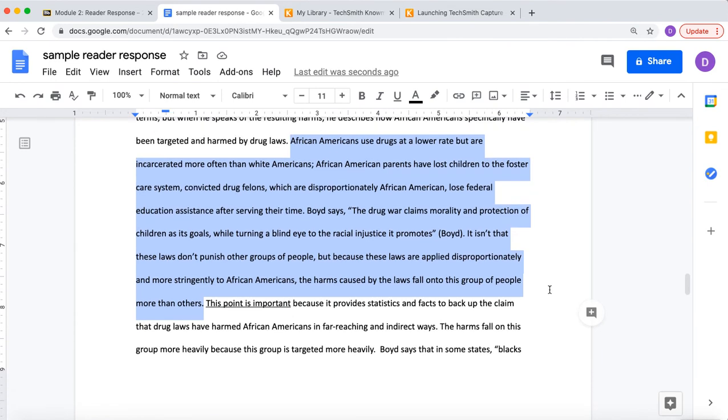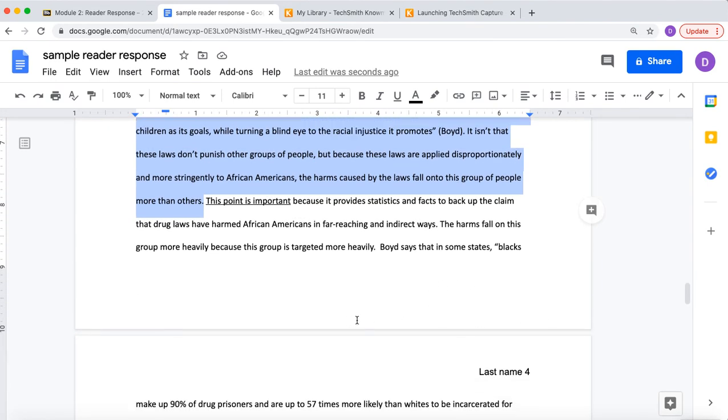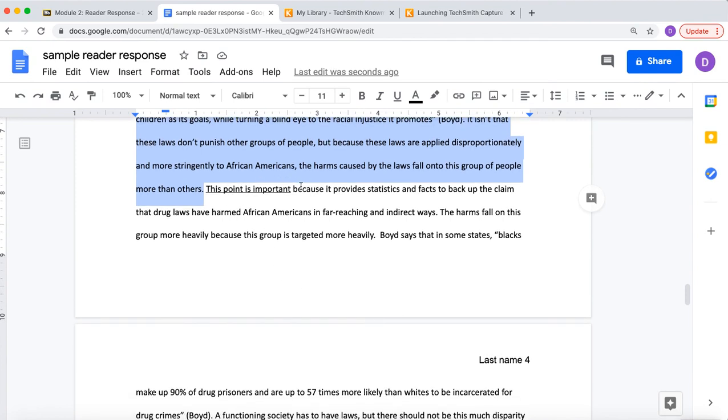And then the second part of it is why it's important to me. This point is important. Just go ahead and telegraph it. Give the reader enough signal so that it's easy to transition between summary and application.